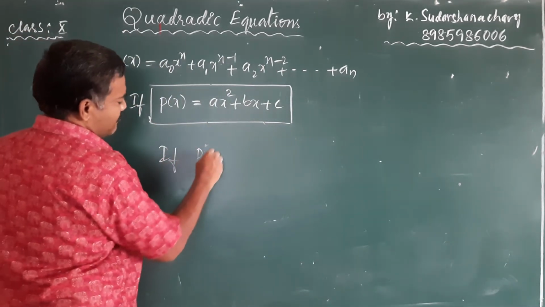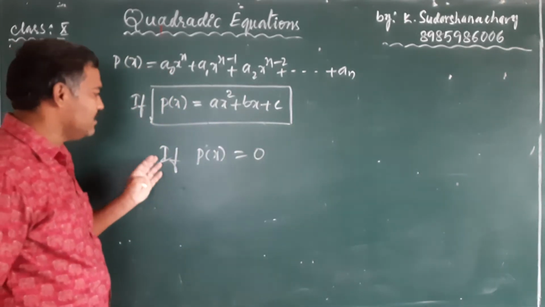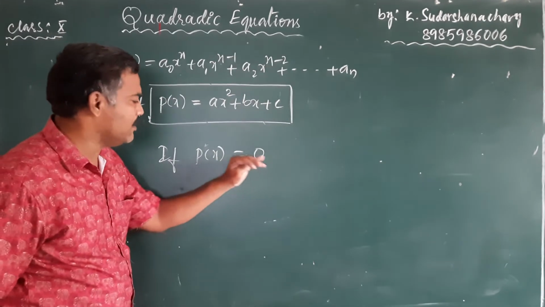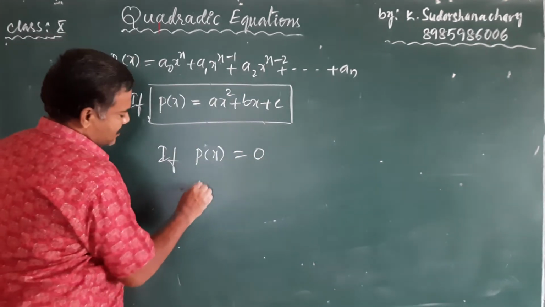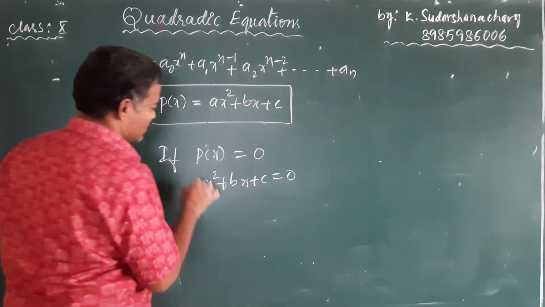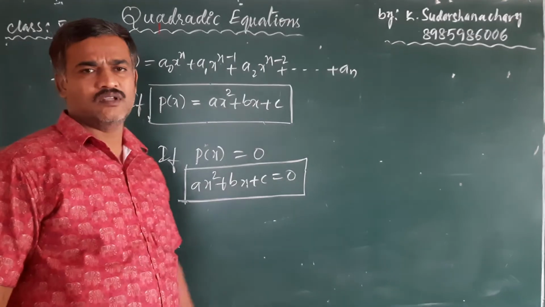If a polynomial p of x is equal to 0, that is, ax square plus bx plus c is equal to 0, this is a quadratic equation.